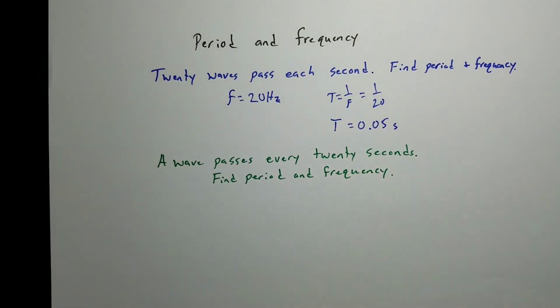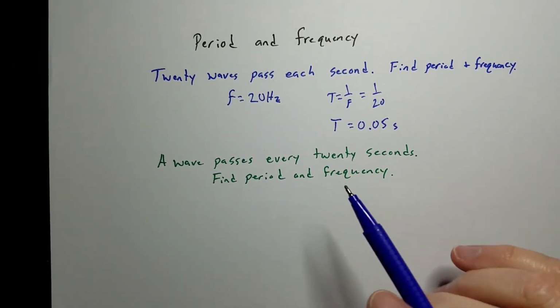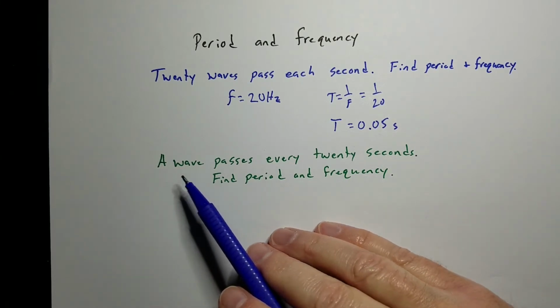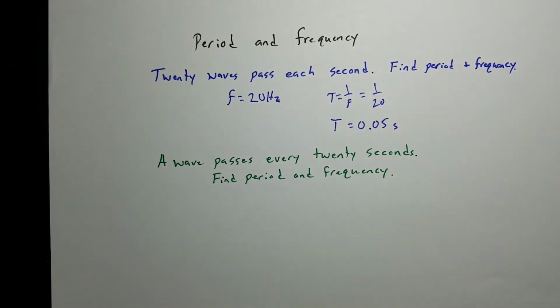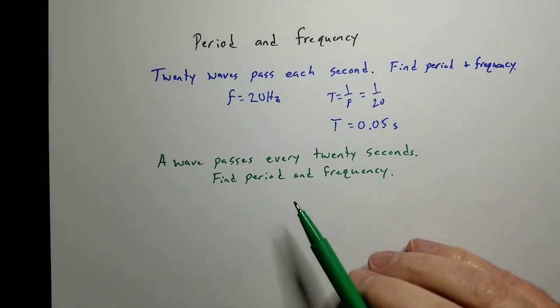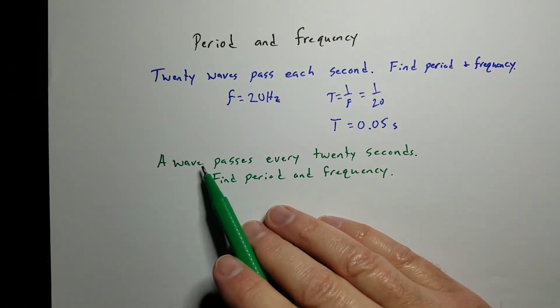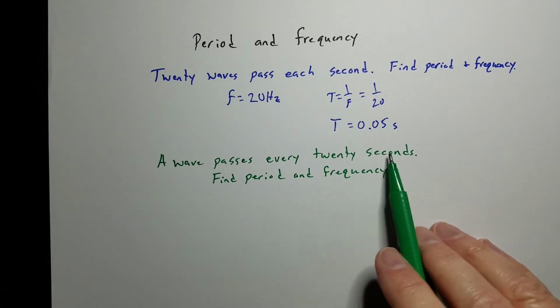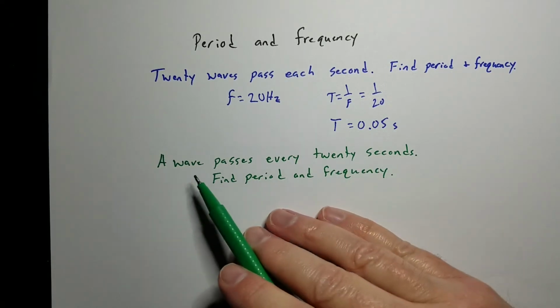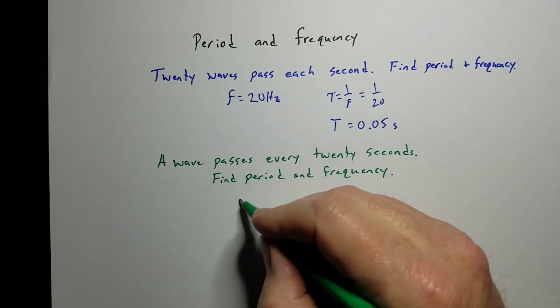Now, if we take that same number, but we rephrase it a little bit. On this one, a wave passes every 20 seconds. So for this one, it's telling about a wave, like a single wave takes this long to go by. Since it's telling you how long, that is a period.